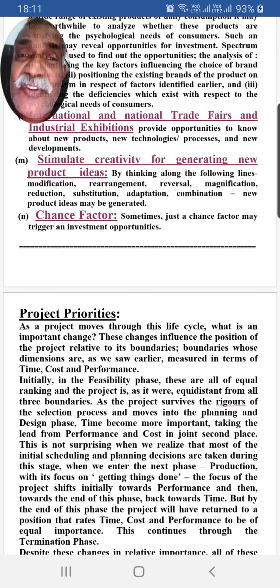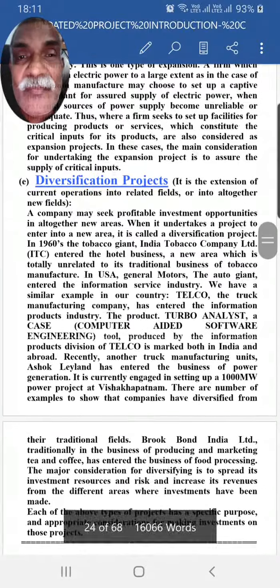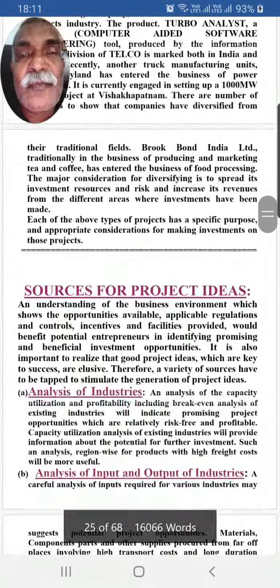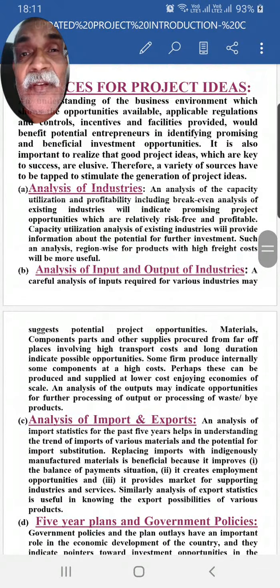This also may trigger investment opportunities. So these are the sources through which one can get new project ideas which are beneficial for the investors.